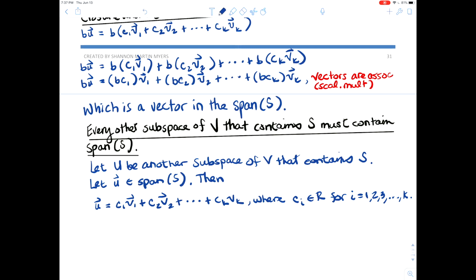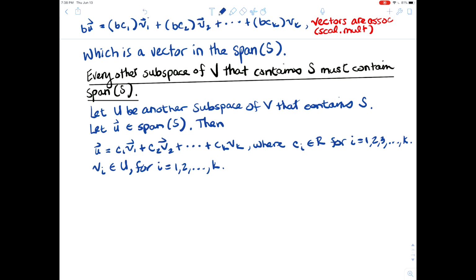But wouldn't you say that VI would belong to U, for I equal 1, 2, all the way down to K? It's one of those so easy it's hard things. So anyway, that finishes off the proof for this. We can put our QED on that one. We've shown what is to be shown.